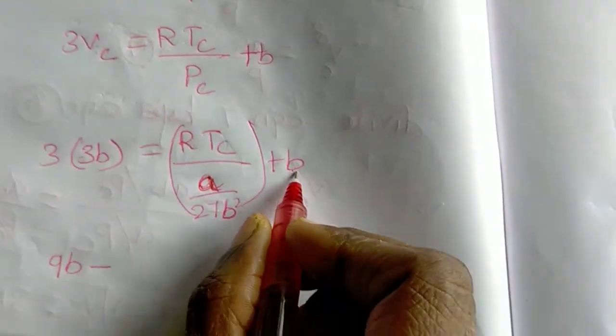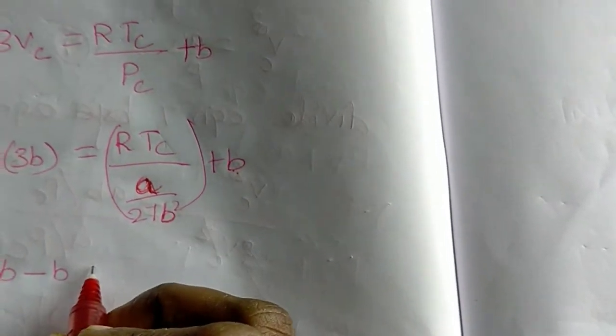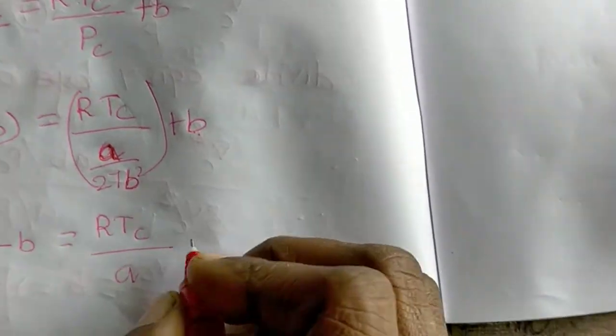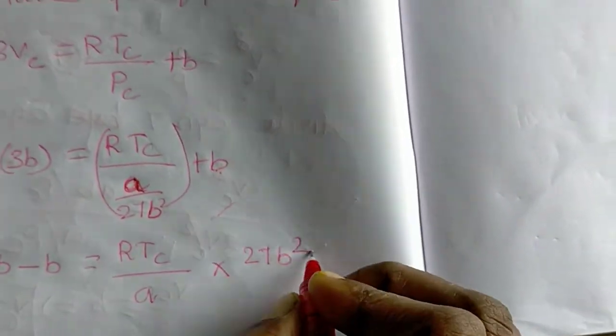Then you can take this B to this side. First you multiply this 9, so 9B minus this B. You take this plus B to the next side, so it will become minus. Then RTC divided by A into 27B square.